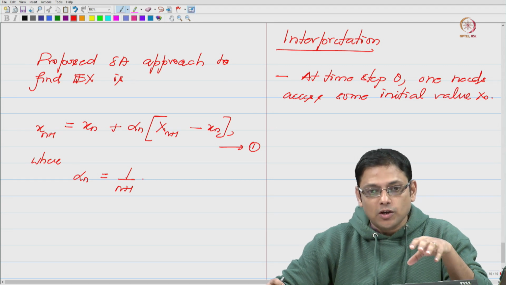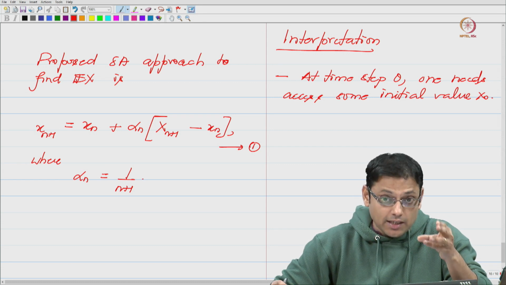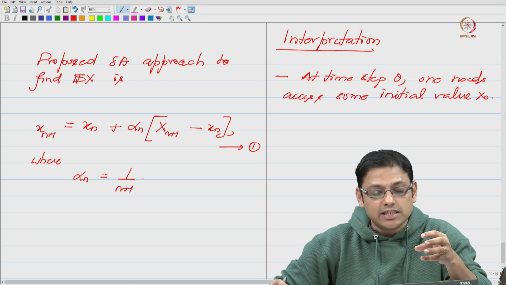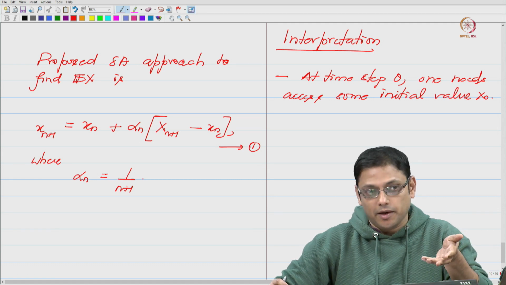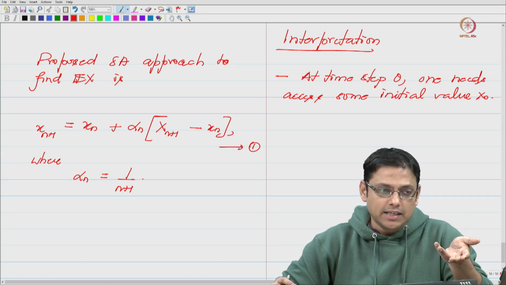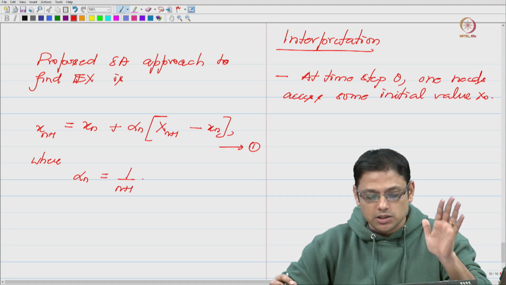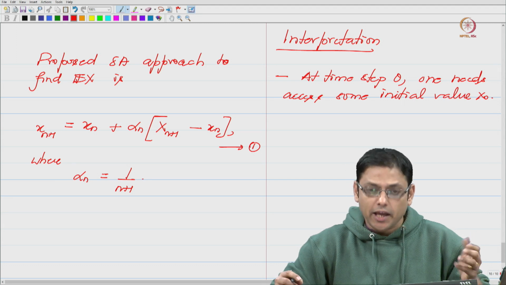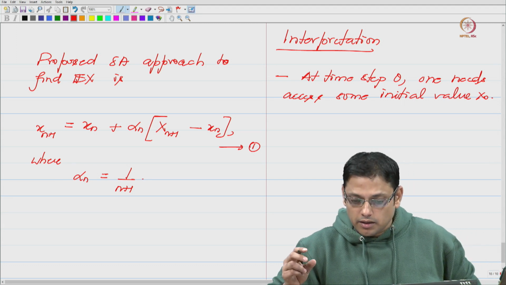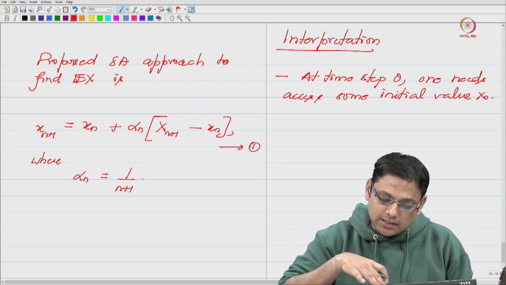In this course we will not venture too much into how to get hold of this initial value, and we will often presume that somebody has given us this initial value, and given this initial value, how do we proceed in improving upon this estimate. If nobody has given this initial value x0, we can often set it to be the origin, and I will discuss scenarios if necessary if we cannot do this initialization.